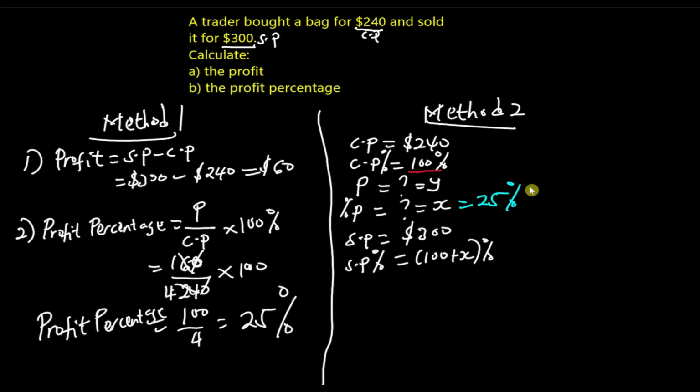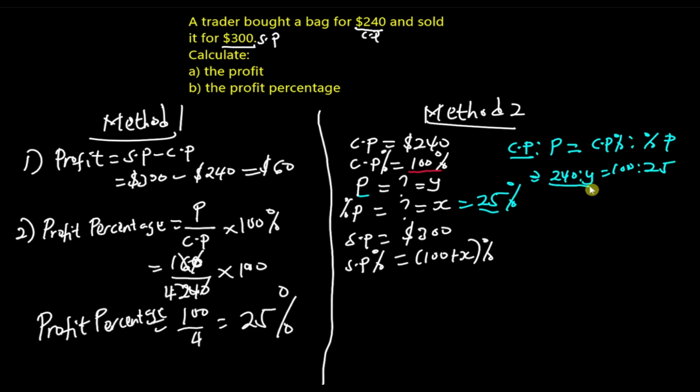So we can just make a ratio of the cost price to the profit, which will be equal to the cost price percent to the profit percent. Now over here the cost price is 240, the profit we're looking for is y, the cost price percent is 100, and the profit percent we just solved, and we had 25.